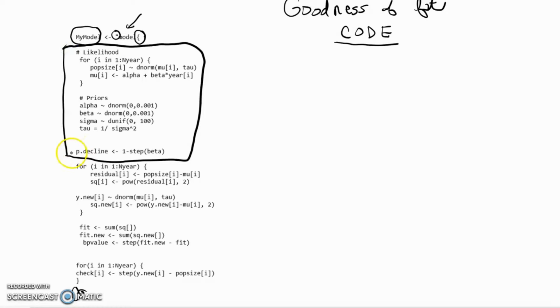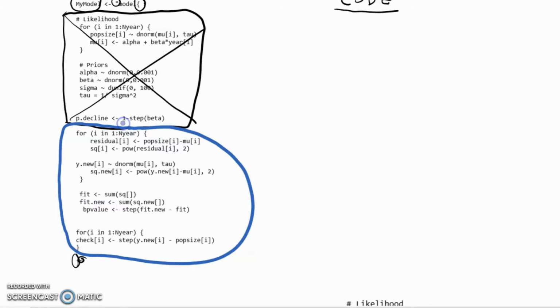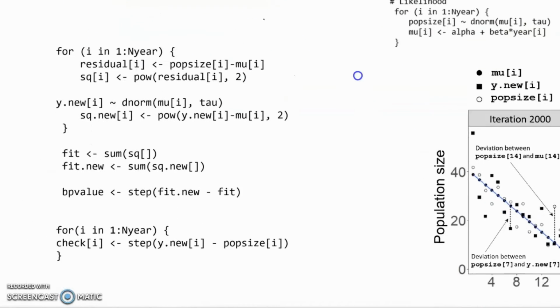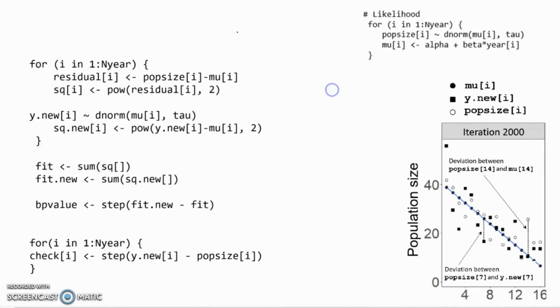And so for the time being, we're not going to think about this. In this video, what we're going to do is think about this part of the model statement. So I've taken this part of the model statement and I've just enlarged it here, and now I want to go over it.